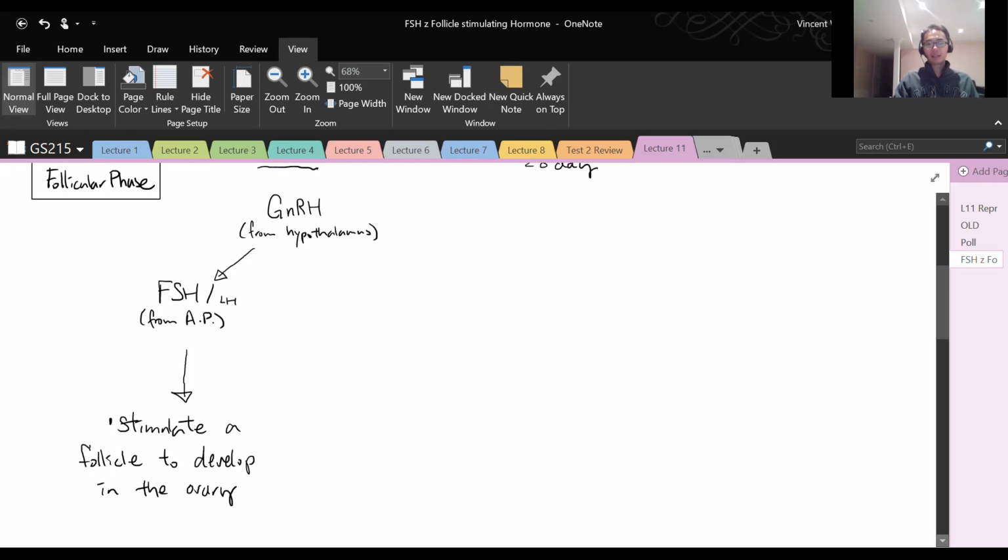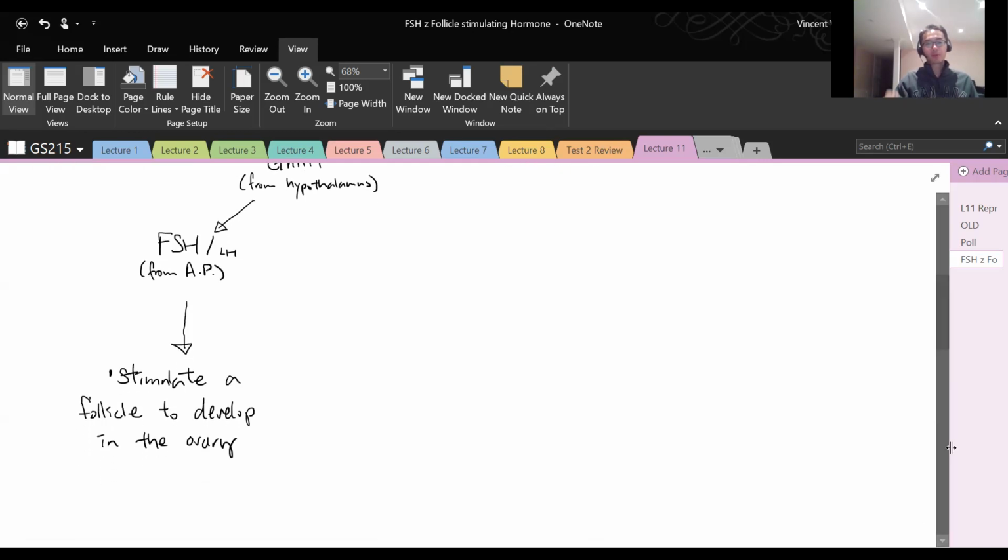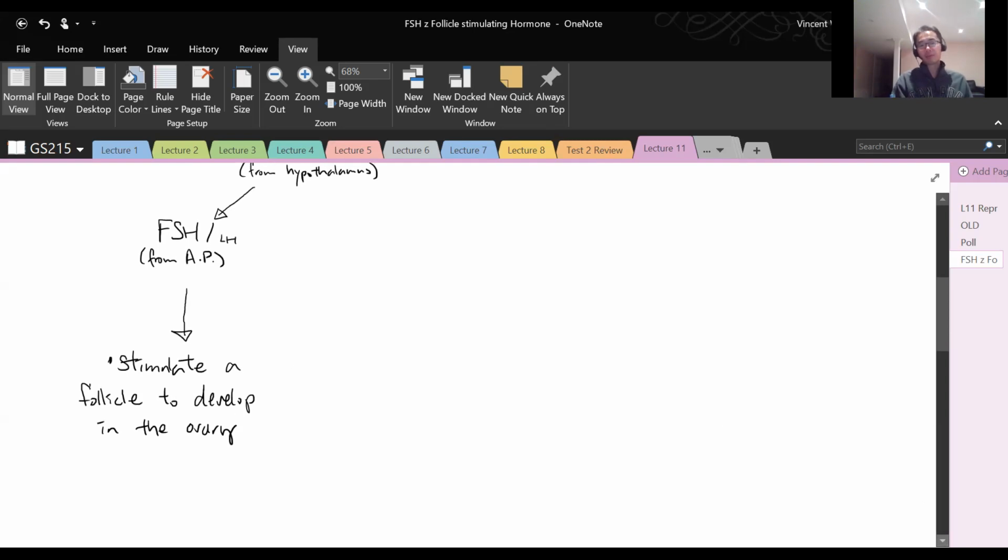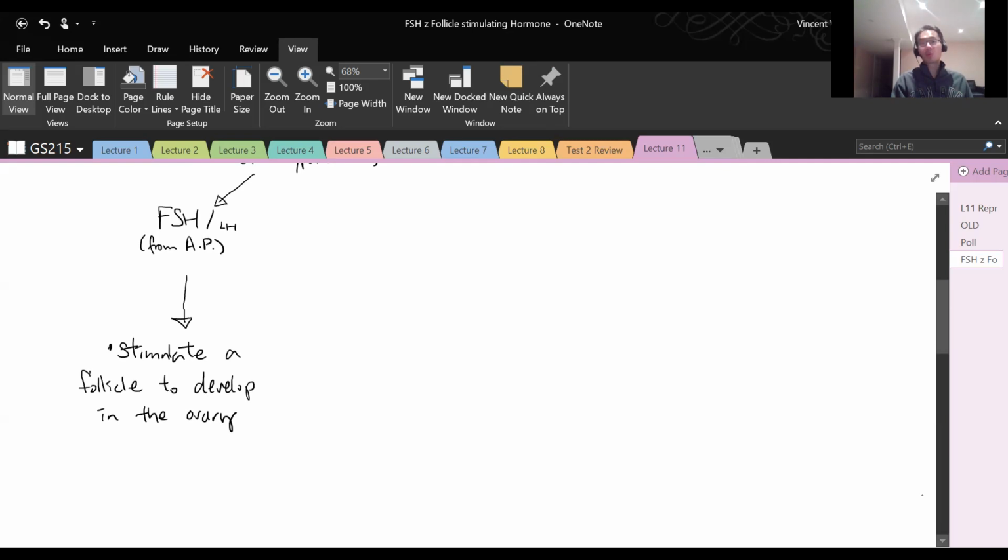Now, there's a little bit of crosstalk between the two ovaries. If a follicle is developing in one ovary, it will tell the other one to not do that. If you have two follicles developing at the same time, then you might have twins, but non-identical, because two separate eggs.